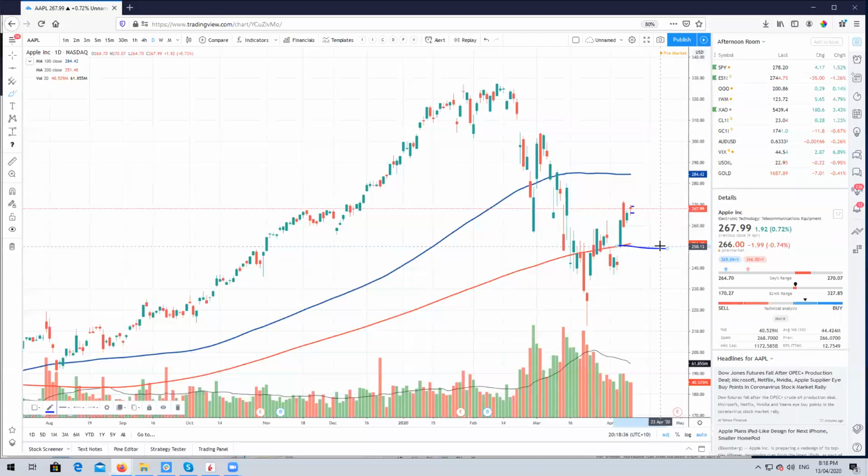You can use this for selling puts as well. You can work out what the price of the sold put is going to be down here when the stock price gets down to here. It's going to be a really good tool for everyone to use.